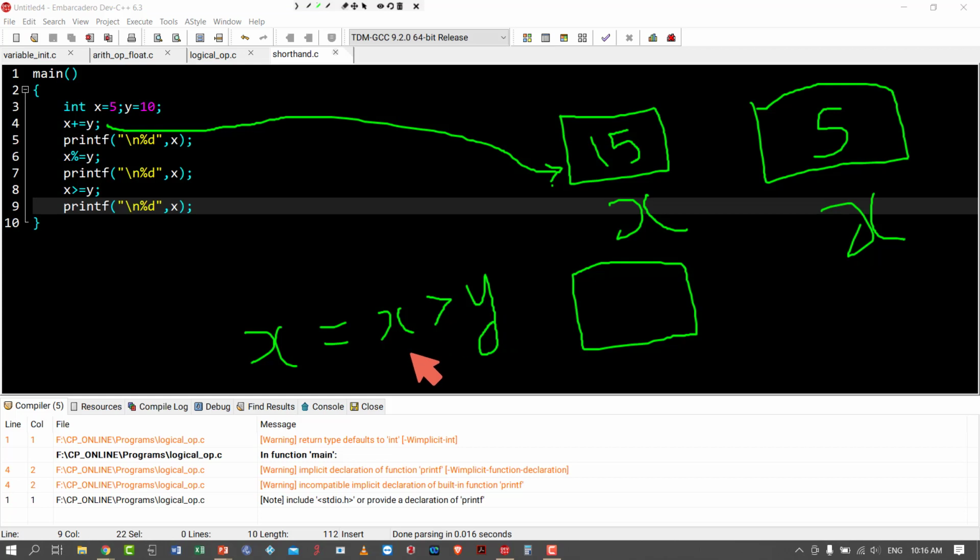What is the value of x? 5. 5 greater than y is? Y is 10. 5 greater than 10 is 0. False. False means 0. So now the x value will be 0. Let me check the output.